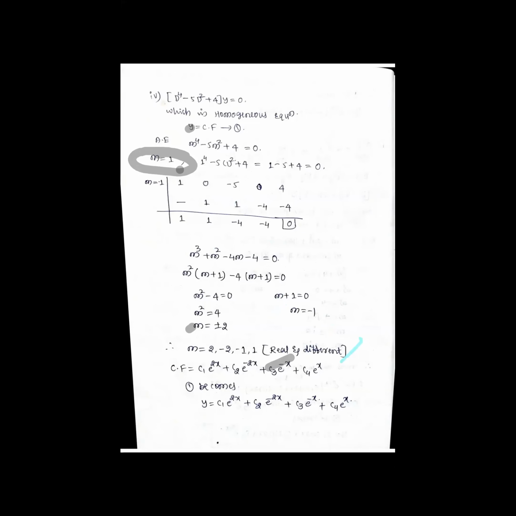You can see here the coefficient of m cube is not there, so it is 0. Next, coefficient of m square is -5. Next, coefficient of m is 0. The constant term is 4. Whenever it is a biquadratic equation, you have m raised to 4, m cube, m square, m and the constant term, and you have to search for all these coefficients.